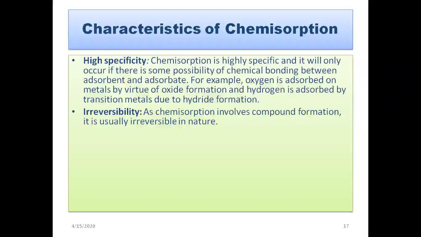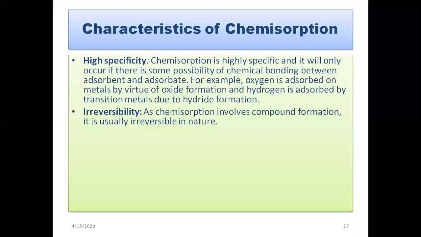What is the meaning of this? For example, hydrogen is adsorbed on nickel. A nickel-hydrogen bond has been formed as a layer. Then the next hydrogen as a second layer, how can it come? Because the first is already forming a bond. Nickel and hydrogen, there is a bond between them. The next atom, another hydrogen, cannot form a bond with the first hydrogen.